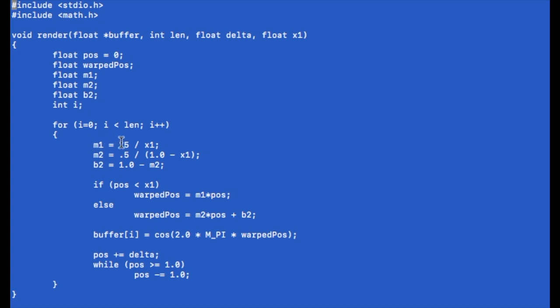Like I said when I was doing the math on paper, this is 0.5, halfway up, divided by how much we're cocking back that node. The other one is going up another half divided by 1 minus how much we're cocking the node back. And for the y offset, 1 minus M2. Okay, great. So this matches up with all the math that we already went through.